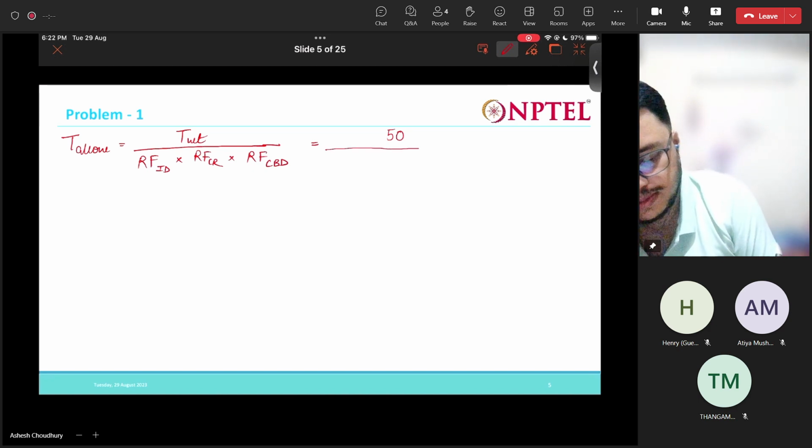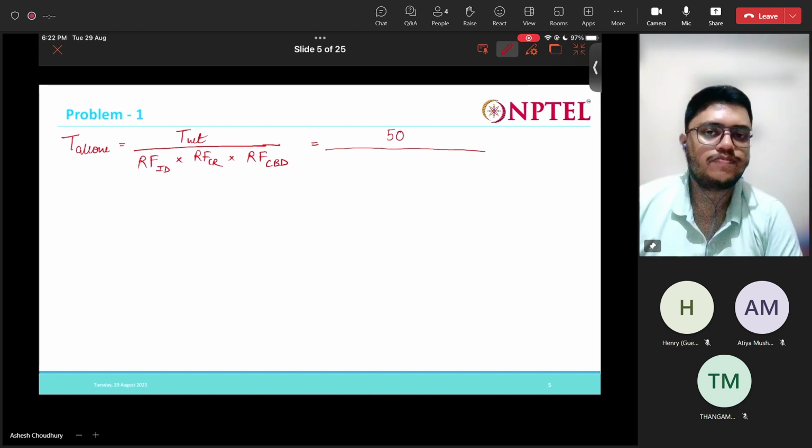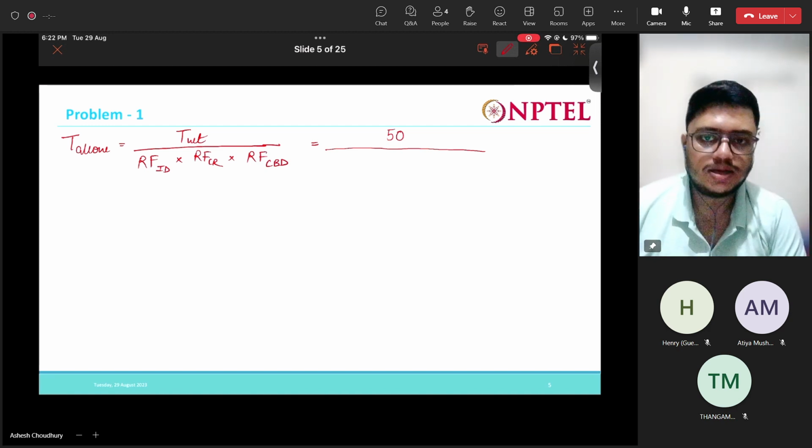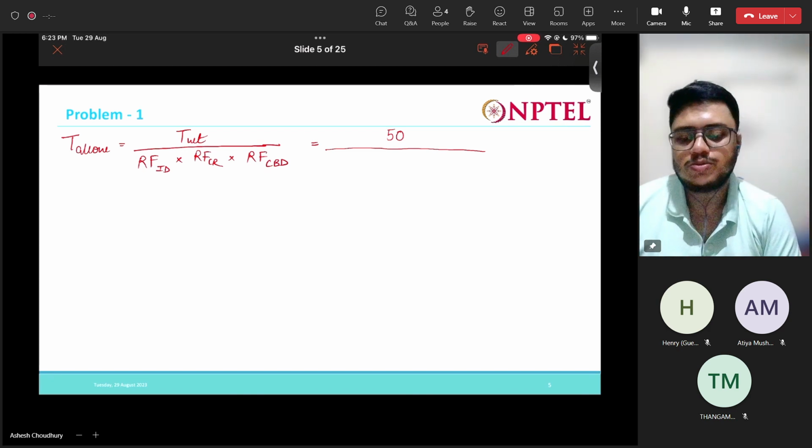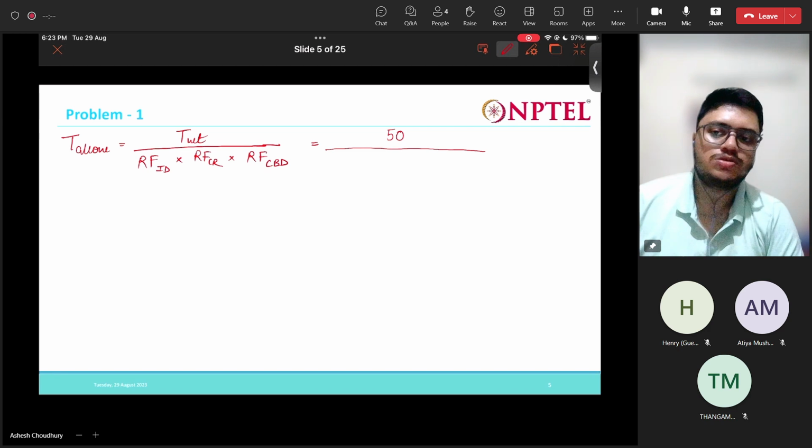These values should actually be determined from proper tests, or if you don't have the values, we can take a value from the table that I had shared in the previous class. What is the purpose here? We are constructing a wall, and for walls we will take appropriate values from that table.